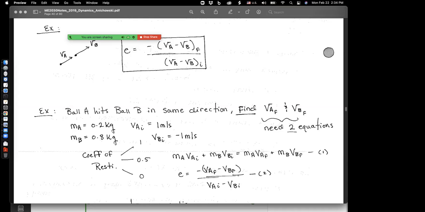If you're told elastic collision, just use E equal to 1, because the kinetic energy equality is a quadratic equation, we have all these V squares. Much better to use just E equals 1, so you have VA final minus VB final equals something about the difference in the initial velocities.